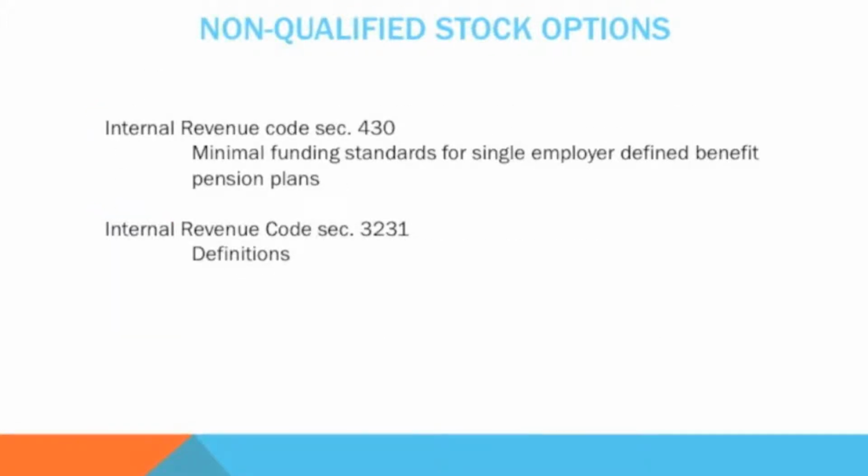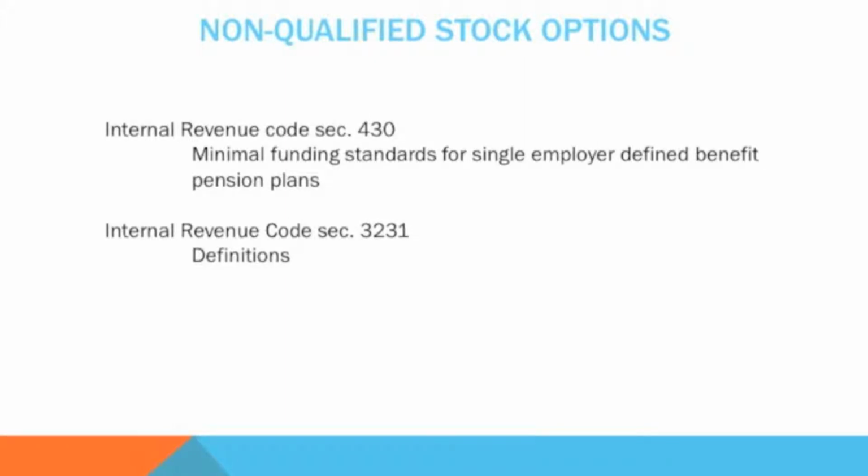So now we're going to talk about some of the significant Internal Revenue Codes that relate to non-qualified stock options and incentive stock options. To begin with, we have Internal Revenue Code Section 430, which is minimum funding standards for single employer defined benefit pension plans.